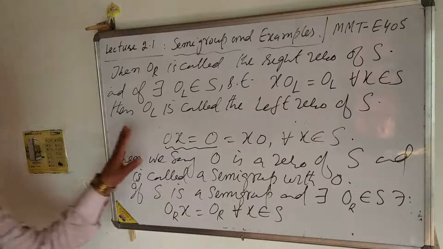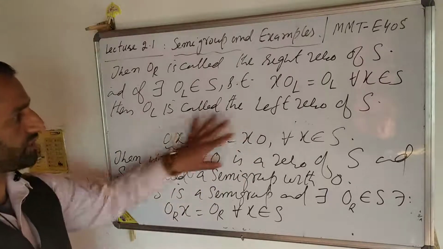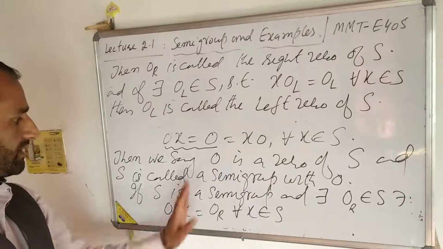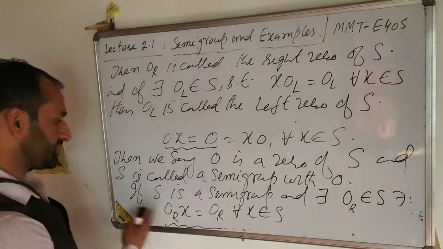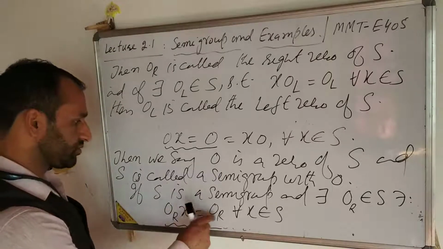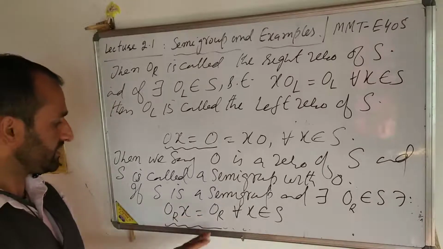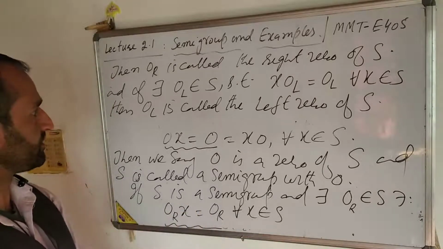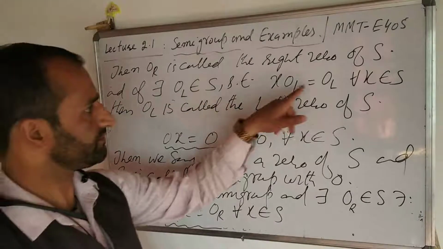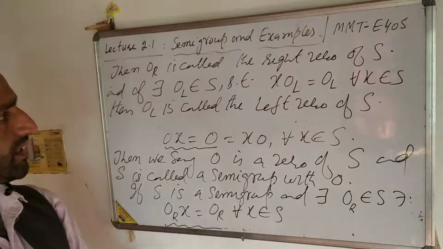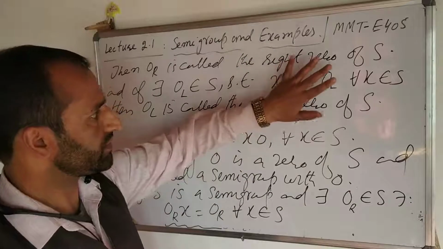तो एक तो हमने ये डिफाइन किया, अगर कोई एलिमेंट ऐसा होगा जो लेफ्ट 0 भी होगा राइट 0 भी होगा, उसको हम 0 कहेंगे, जो हमने ऑलरेडी डिफाइन किया है। अब अगर ऐसा एलिमेंट होगा जिसकी सिर्फ ये प्रॉपर्टी होगी, 0_R into x is equal to 0_R, ऐसे एलिमेंट को हम कहते हैं राइट 0 ऑफ अ सेमीग्रुप। और इसी तरह से अगर किसी एलिमेंट को राइट साइड से मल्टीप्लाई करोगे तो ये इस एलिमेंट को किल करेगा.